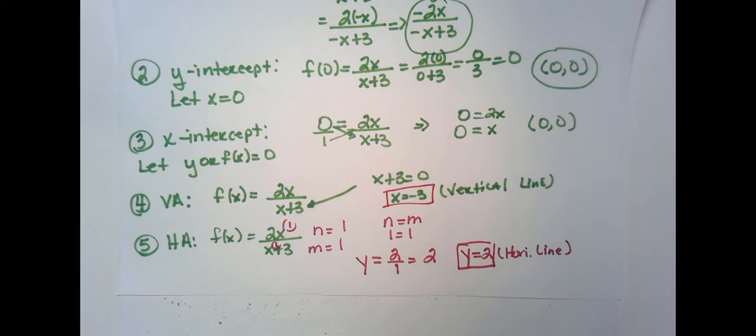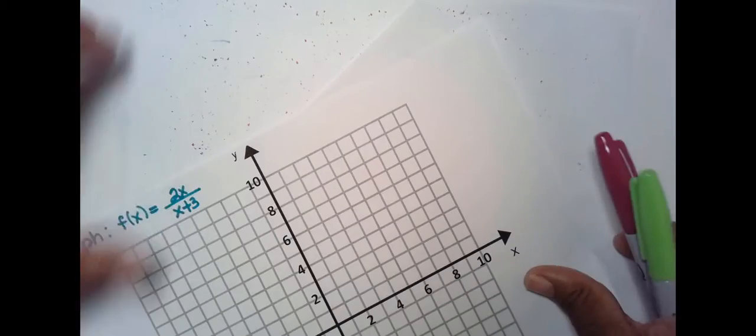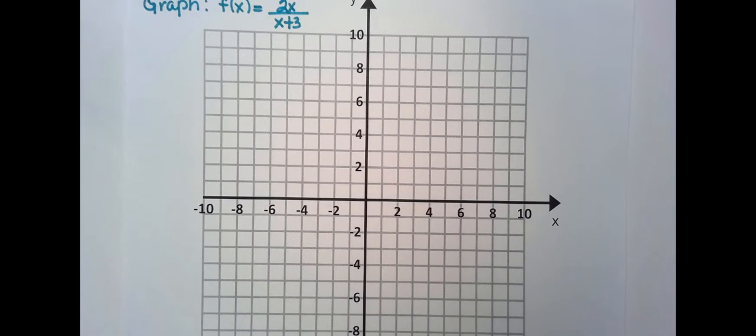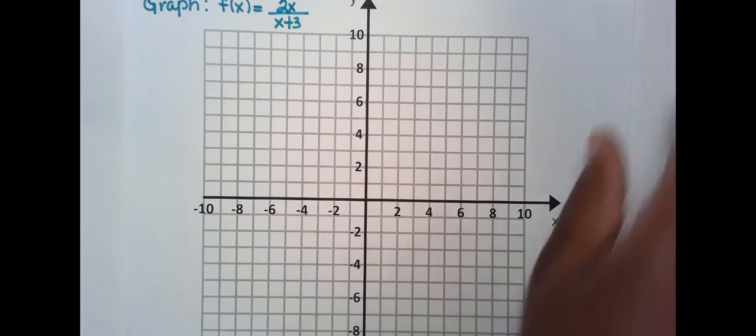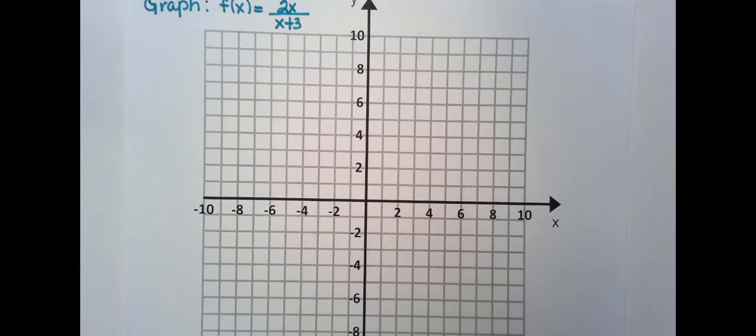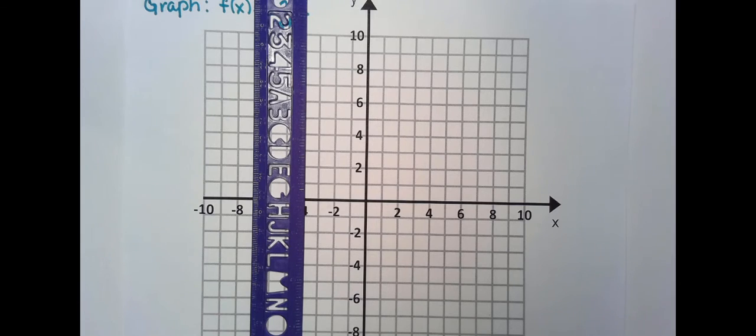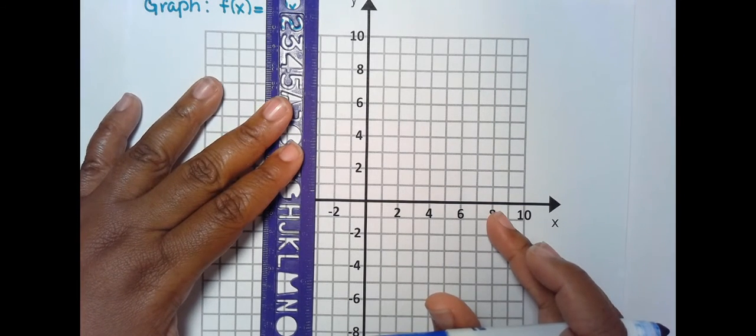So let's at least draw the vertical asymptote and the horizontal asymptote. So let's do that right now. The vertical asymptote is at -3. So let's draw that, parallel to the y-axis. Here is -3.